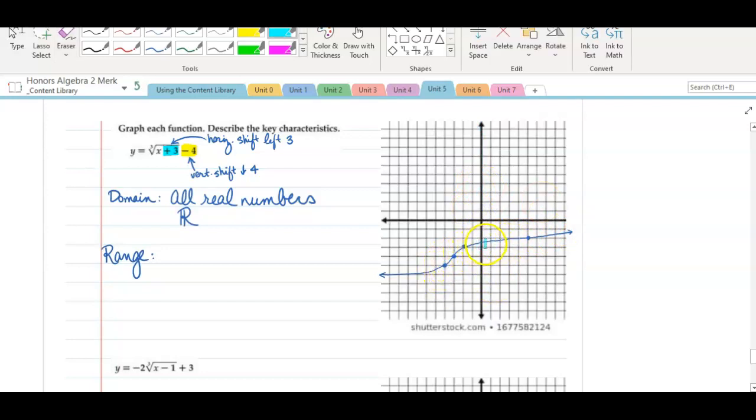The function continues to go on and on and on, and it just keeps going up, up, up. And similarly over here, it just keeps getting lower. It's very gradual, but it's getting lower and lower and lower. So this graph would actually be all real numbers for the range as well.